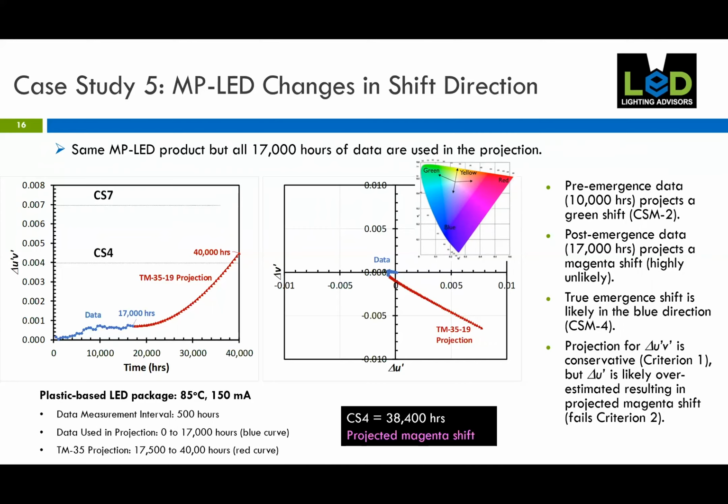So when we're using the full 17,000 hours in the projection, the LED has reached its emergence phase or its terminal color shift. And in this case, we see that the model, though, is predicting it to be a terminal color shift in the magenta direction. And again, this is not a physical mechanism we've observed, so it's failing criterion 2.